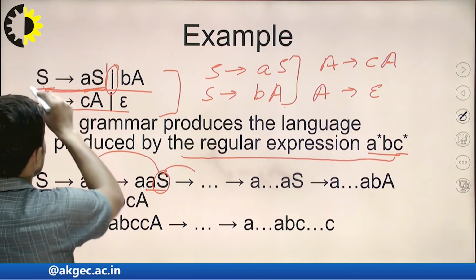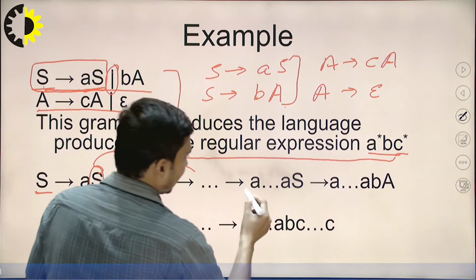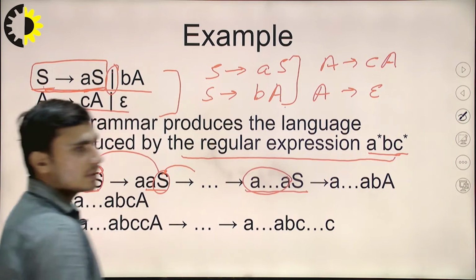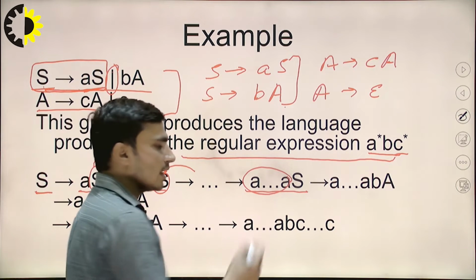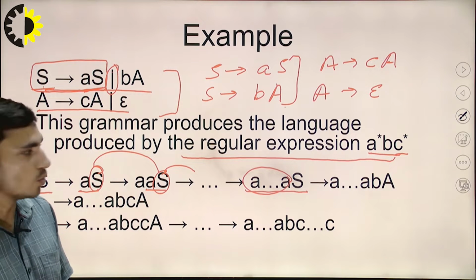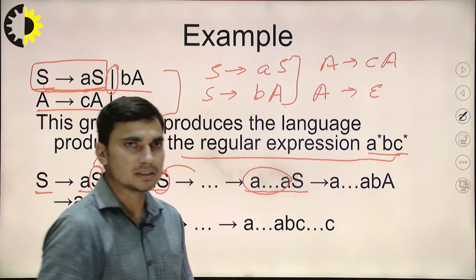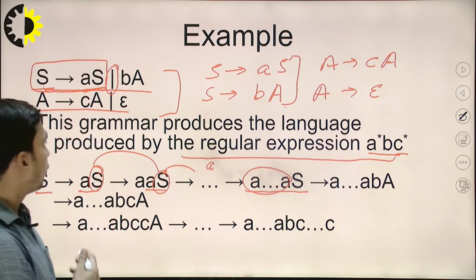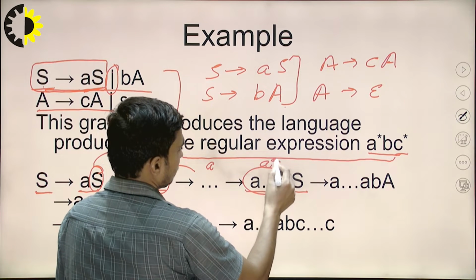We apply this production a number of times, and we get a string with a similar number of a's. How many a's can we have here? There is no limitation on how many times we can use that production rule, so we can say there are infinite a's. We can have a number of a's from 1 to infinite, and we can represent that by a asterisk.